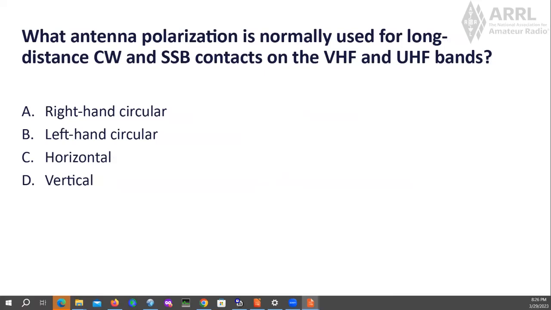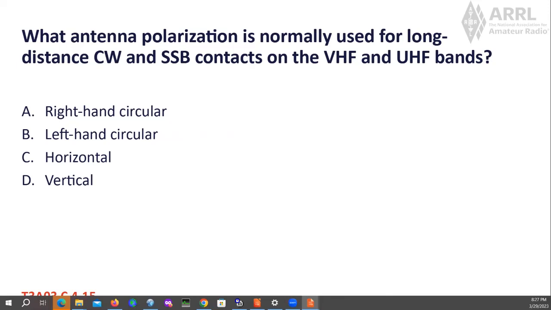What antenna polarization is normally used for long distance CW and SSB contacts on the VHF and UHF bands? Again, it's C, horizontal.